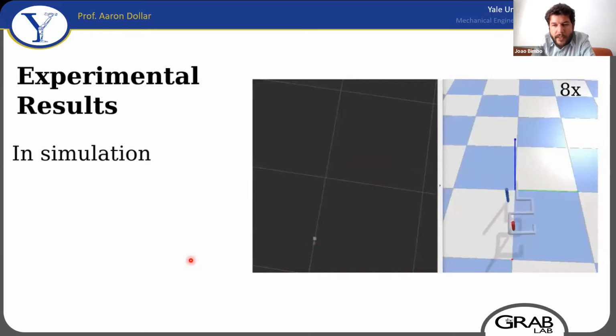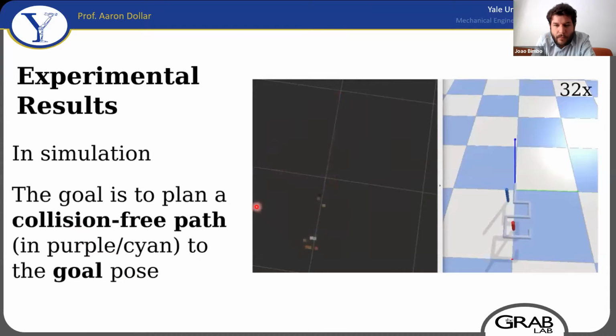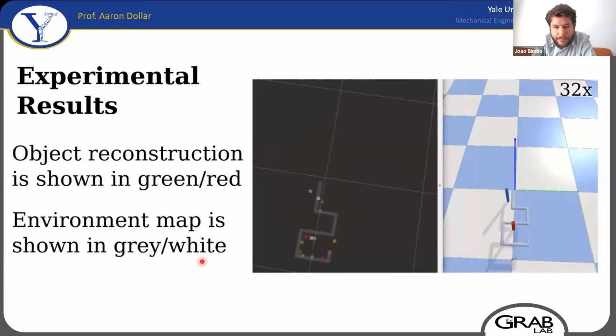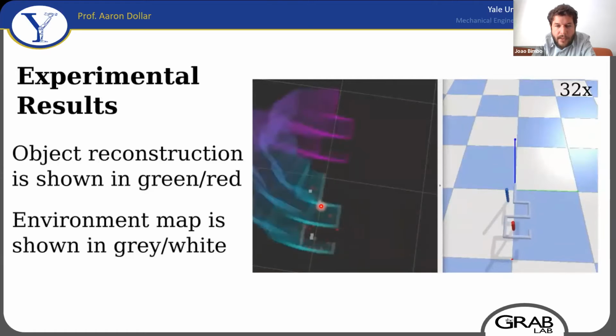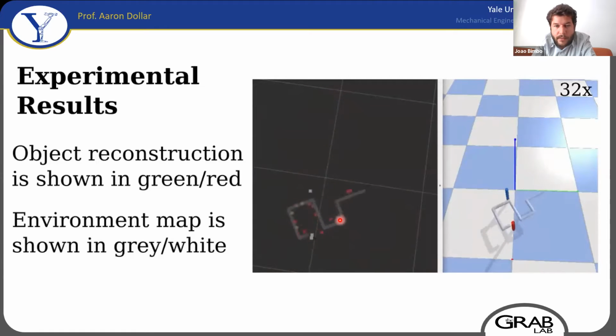These are results in simulation. So in simulation, we get a bit better force measurements. We're trying to pull this object that we don't know the shape of to a region over here. Start going around. You can see the white things are where we think there's an obstacle, and then the red and green are the ones we think there's an object.